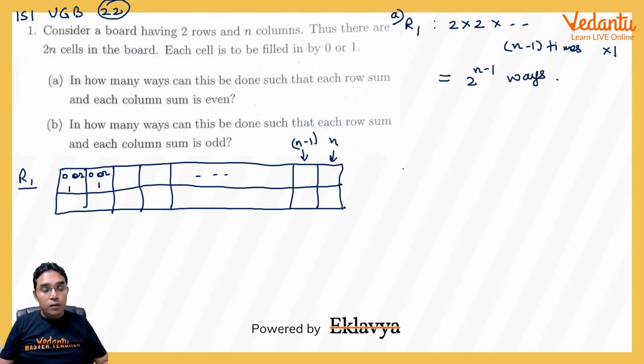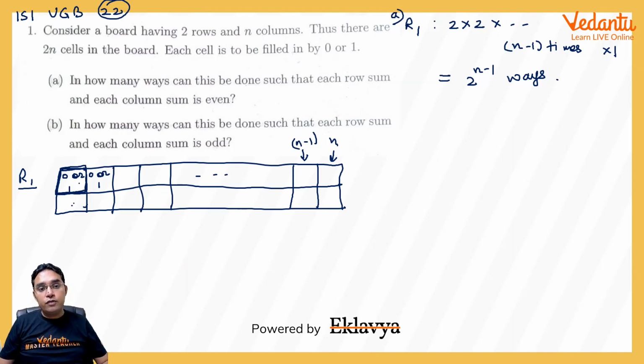Now because we have to make sure that each column sum is also even, if I have filled my first cell of row 1, depending upon whether the value I have taken is 0 or 1, the second cell of column 1 can take only one value. If it was 0, it will take 0.